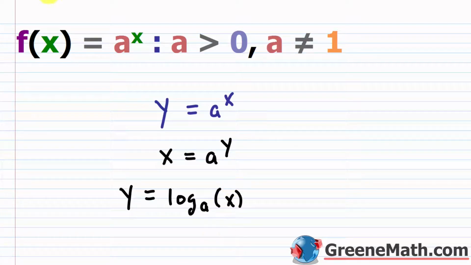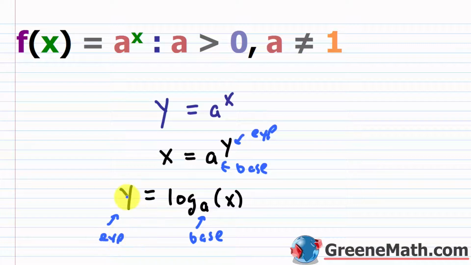So basically the way this works, this is your base, and it came from this base here. Then this guy right here, your exponent, is what you're solving for. So it's going to be out in front. So y equals this guy right here. Again, when you say it equals something, it means it's the same as. So y is the same as this log base a of x. That's why we're saying that a logarithm is just a fancy way to write an exponent.